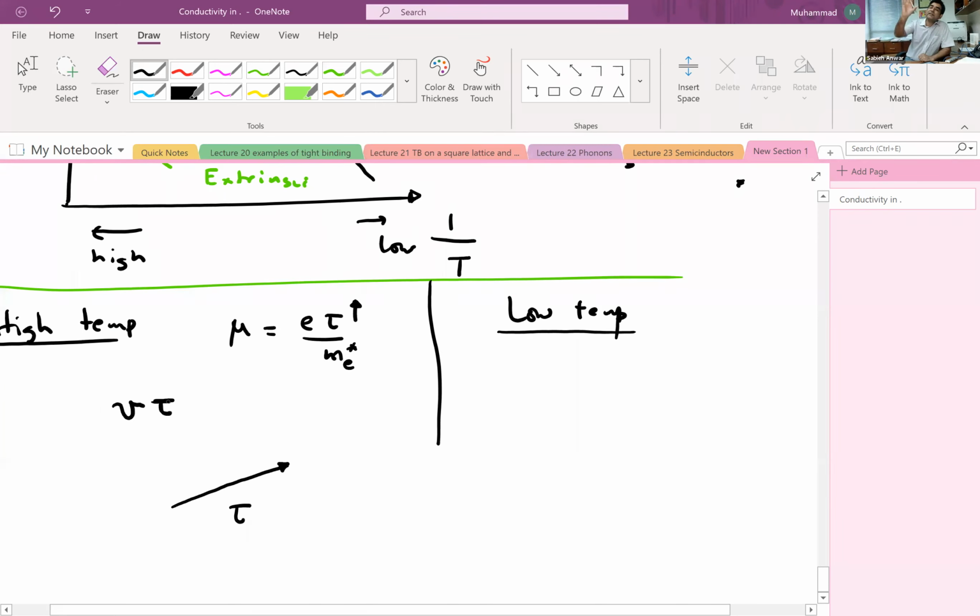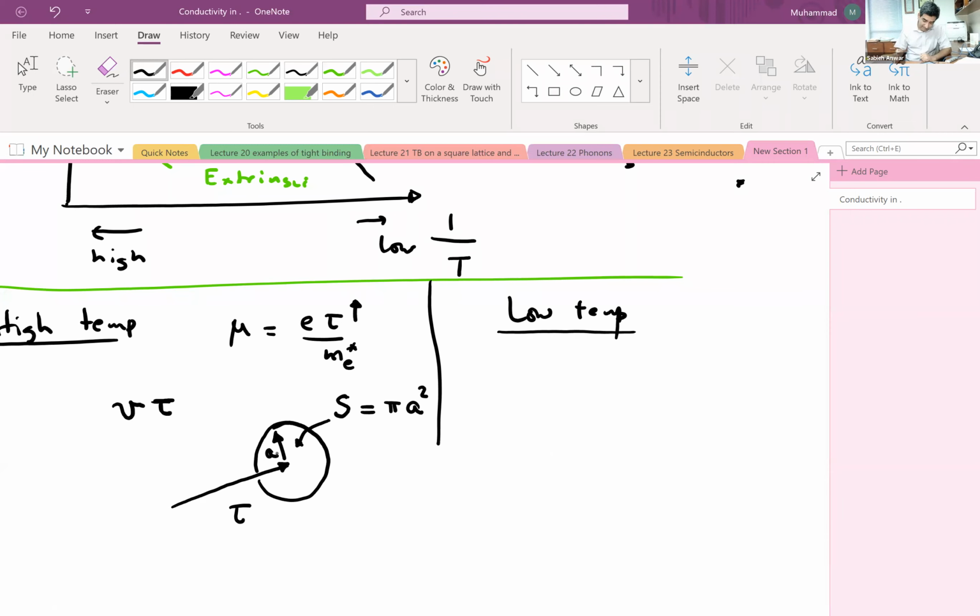But then it meets an ion, and the ion is oscillating. So the ion presents a scattering cross section, let's call it S. The scattering cross section is equal to pi a square, where a is an effective radius of the area in which the ion is moving around. So it presents a cross section, a target for the electron, and the electron strikes it.